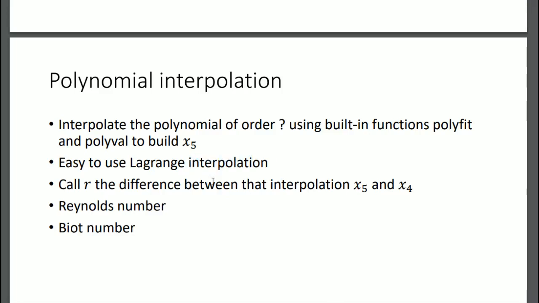And we will call R the difference between the interpolation x5, the polynomial interpolation, and x4, the morphological dilatation. This coefficient will be like the Reynolds number in hydrodynamics that splits between two regimes, or the Biot number. So it's a characteristic of our system, but it's not really precise, and that way it acts like the Reynolds number.